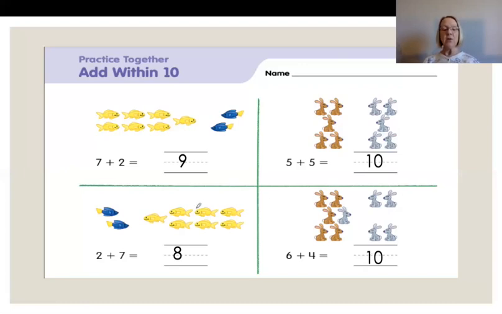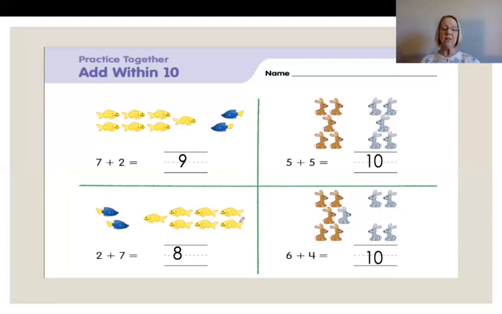Okay, boys and girls, I made a mistake here, and often in our book, it says that someone says that there are 8 fish, and someone else, like Joe, says that there are 9 fish. Who is correct? Okay, so look at this problem. We have 2 blue fish and 1, 2, 3, 4, 5, 6, 7.